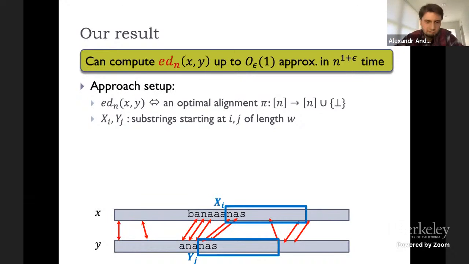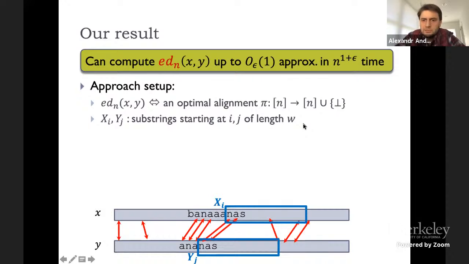For now, think about just one step of this partitioning. We'll be looking at substrings of a certain length w, which we'll call capital Xi and capital Yj, substrings of x and y starting at position i or j correspondingly, shown as blue rectangles of length w. Think of w as some parameter.